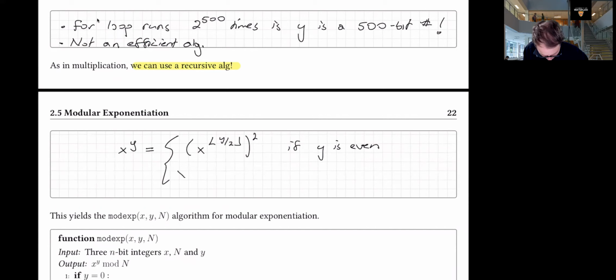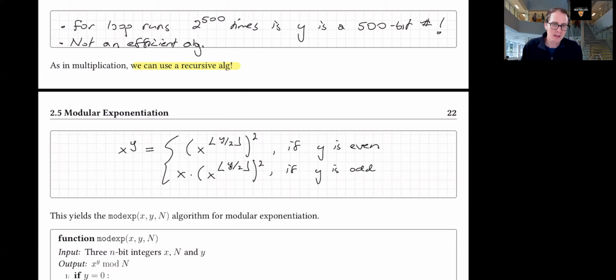And it's x multiplying that same quantity, x to the power of the floor of y over 2, squared, if y is odd. Right? If y is even, then the floor of y over 2, squared, is exactly y. If y is odd, then the floor of y over 2, squared, is 1 short.